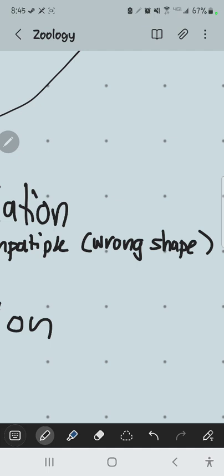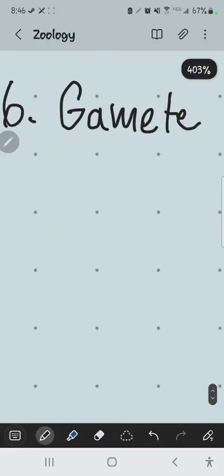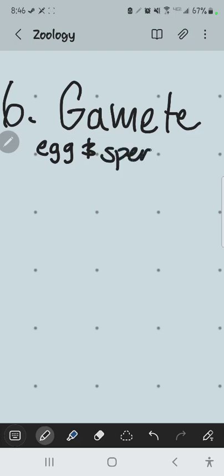Further, you have gamete isolation. And in gamete isolation, you have egg and sperm proteins, which are fertilization proteins.